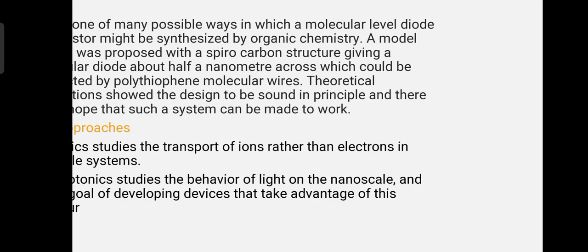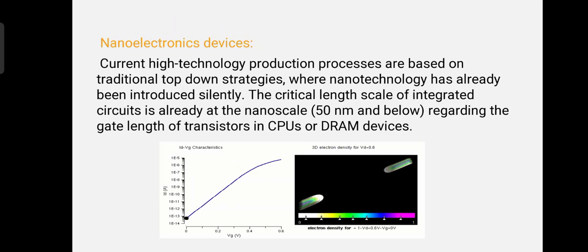One of the many possible ways in which a molecular level diode might be synthesized is through organic chemical models. Nanoelectronic devices: current high technology production processes are based on traditional top-down strategies, where nanotechnology has already been introduced slightly.